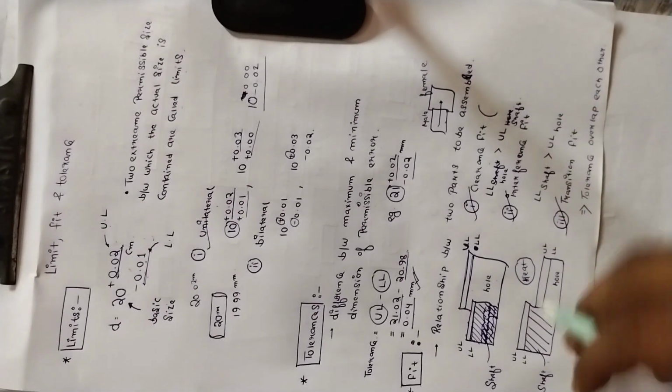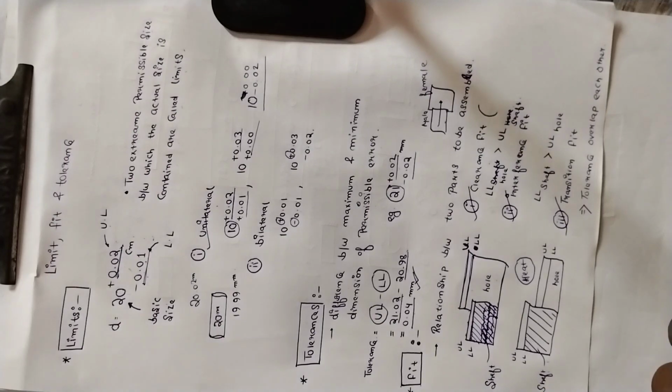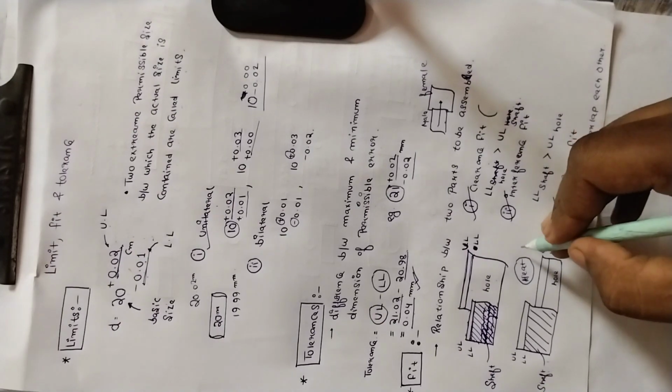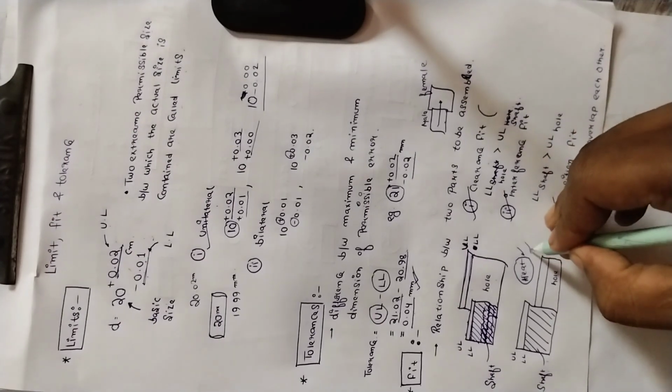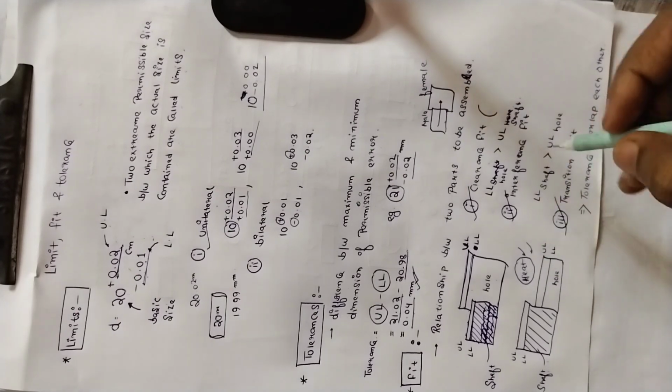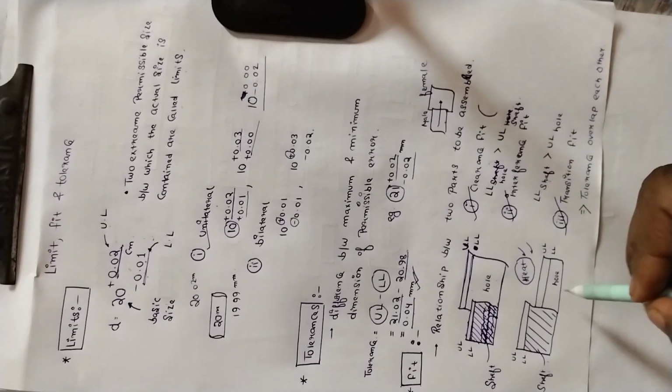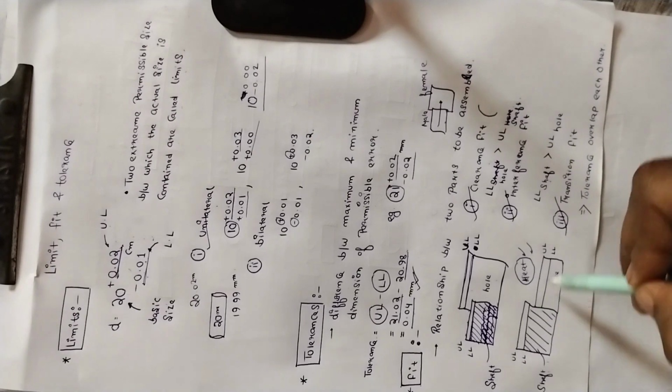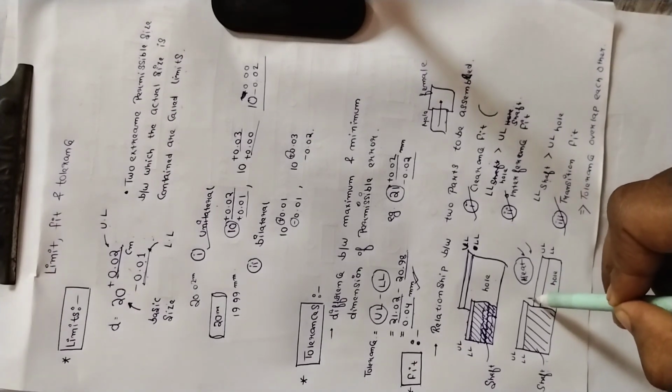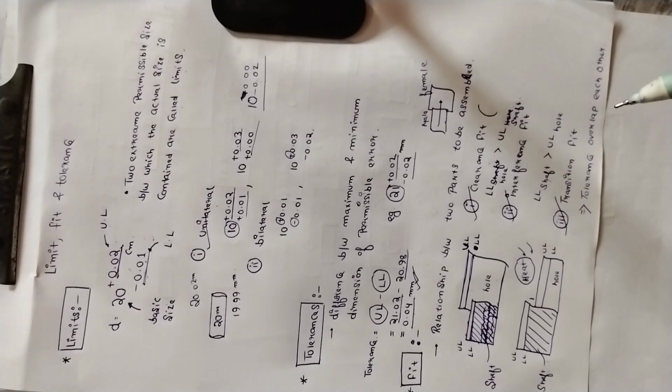Then when it shrinks, the shaft stays inside. So by the application of heat or force we have to make this fit. Where the lower limit of the shaft is greater than the upper limit of the hole, this is known as the interference fit.